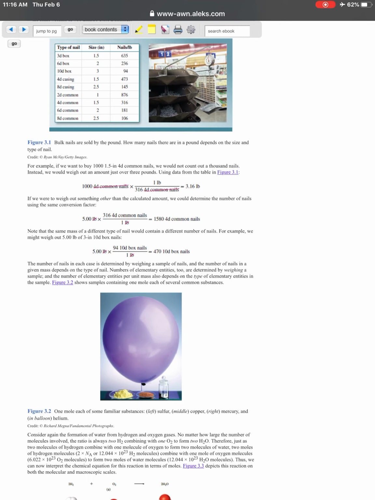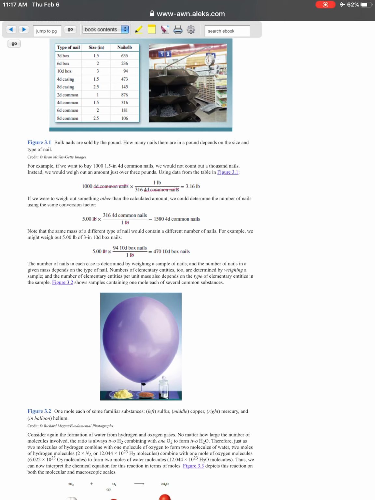Suppose we have 1,000 of these 4D nails, 4D common nails, a particular type of nail. How much would it weigh? Well, we come back to our chart and we look for 4D common. Be careful, there's 4D casing in that table, but there's also 4D common. What it says here is that in 1 pound, there's 316 of those 4D common nails.